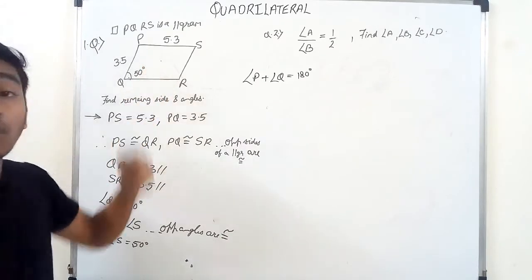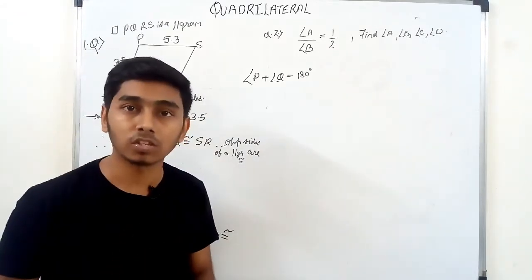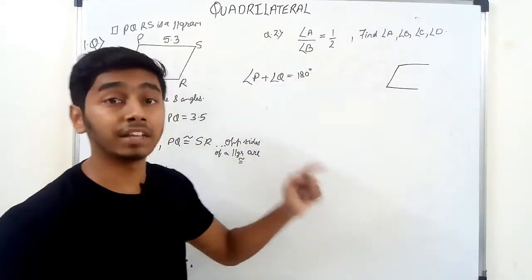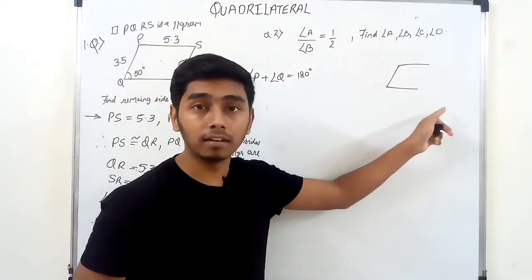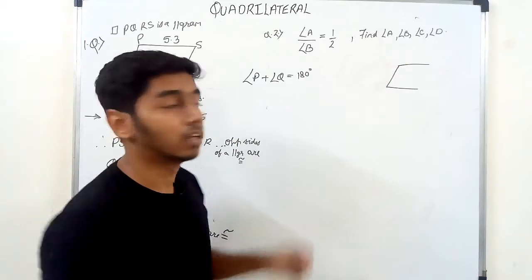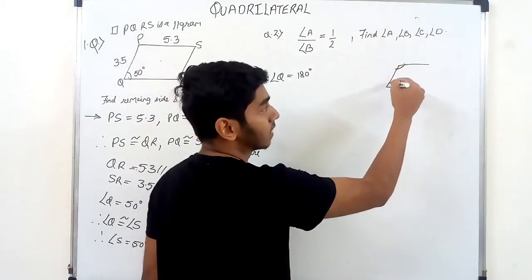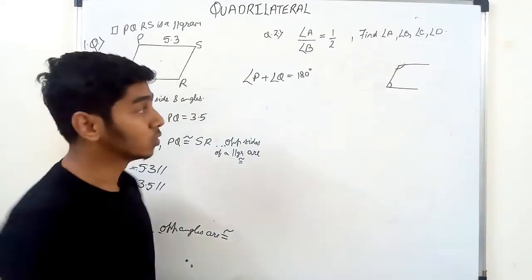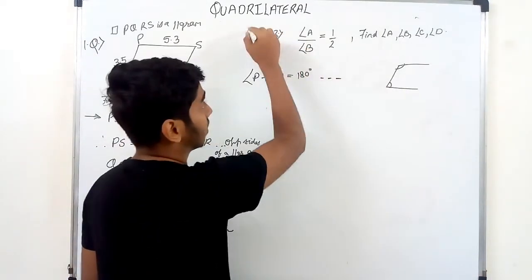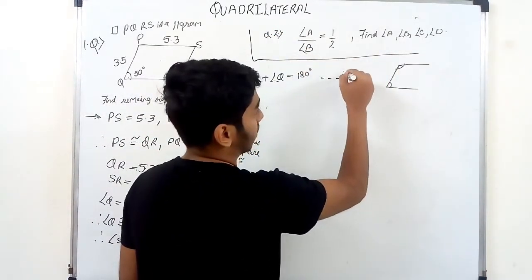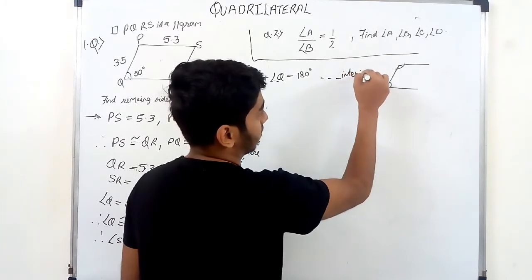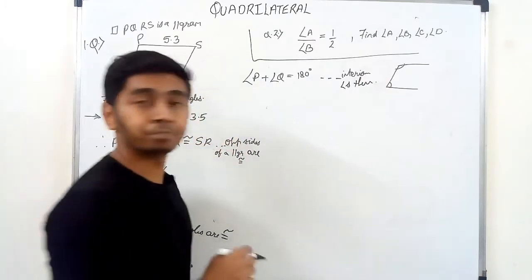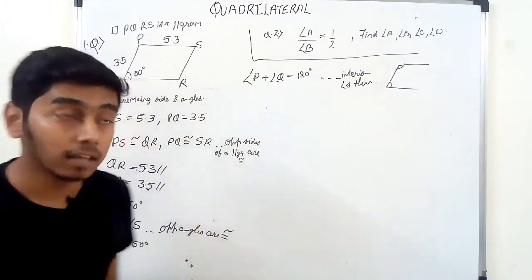Because these two are forming interior angles. If you remember what is interior angle, there are two parallel lines and there is a transversal. The angles inside, their sum is equal to 180 degrees. So we can write the reason as the interior angles theorem.